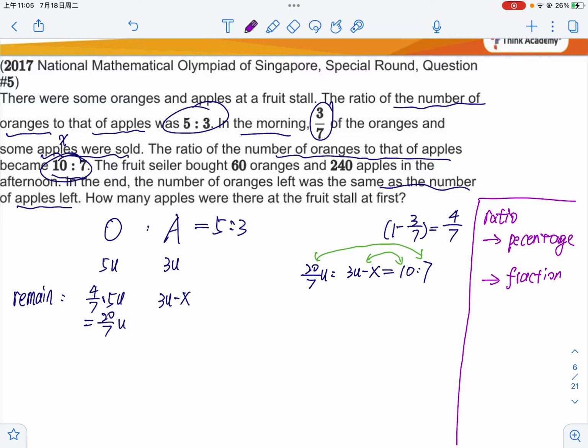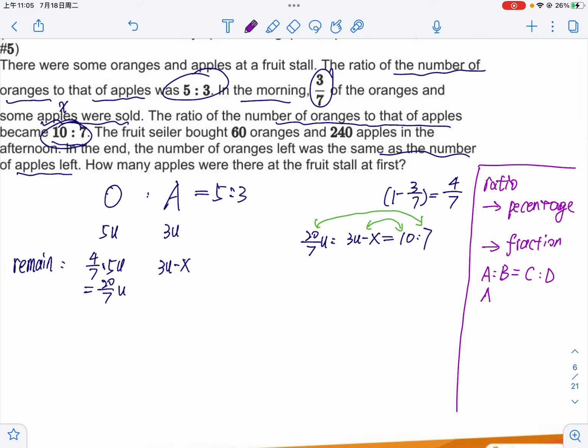It's very important because if A to B equals C to D, you can write A divided by B equals C divided by D, because the ratio can be transferred to a fraction. And how to calculate this? You know A times D should equal B times C. That's why I say you can transfer the ratio to another equation.